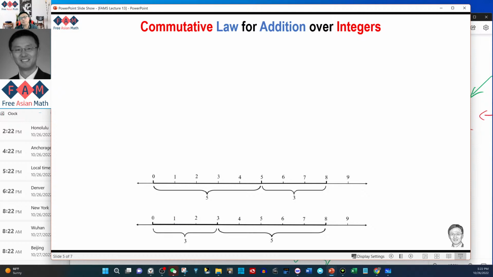Now we expand our number system from natural numbers to integers, meaning including all the negative integers. Is the commutative law still true? Well, that's our next result.